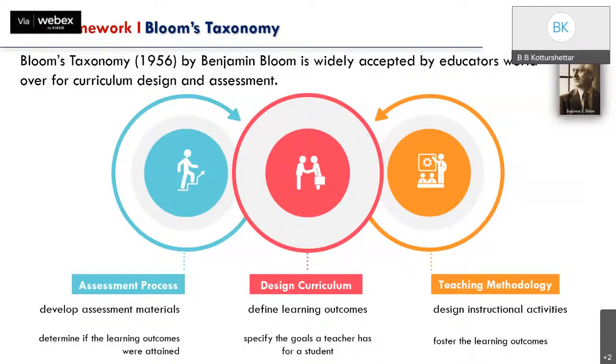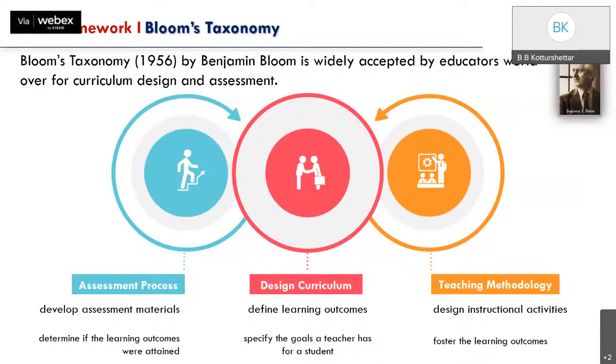The third component is the assessment process. Here we need to make things clear for ourselves and also for our students. We should know beforehand what we want to assess the student for, at what level, and at the same time the student should know for what level he is going to be assessed. Then only the assessment is effective.